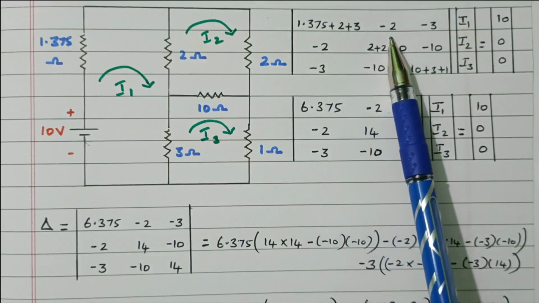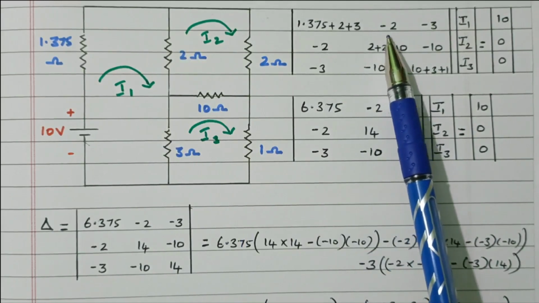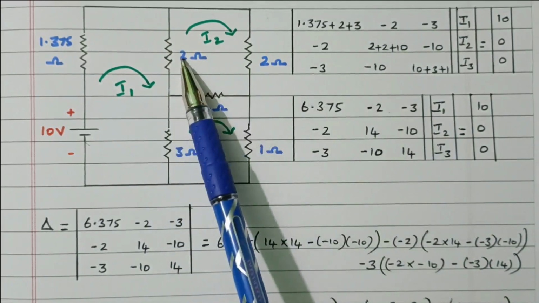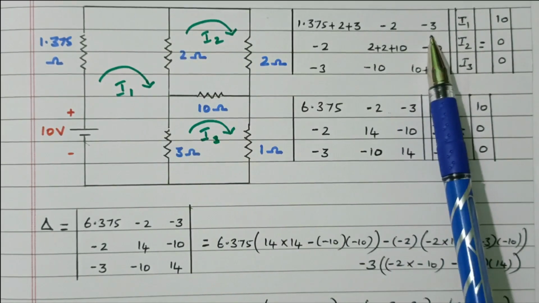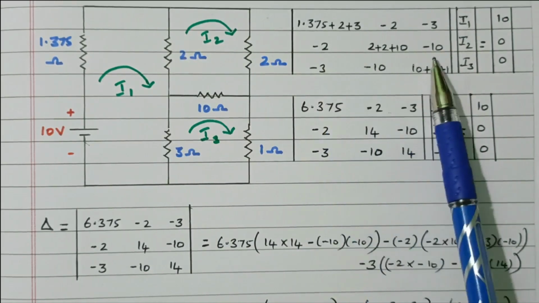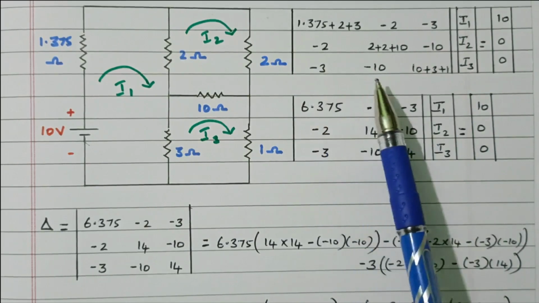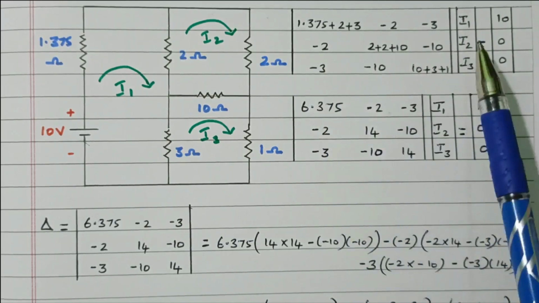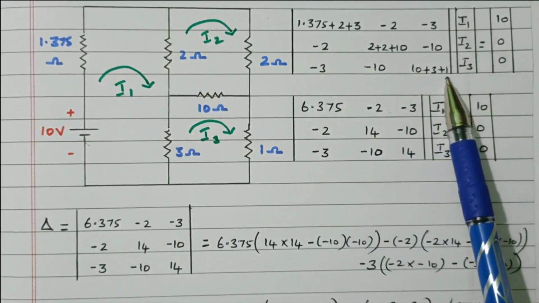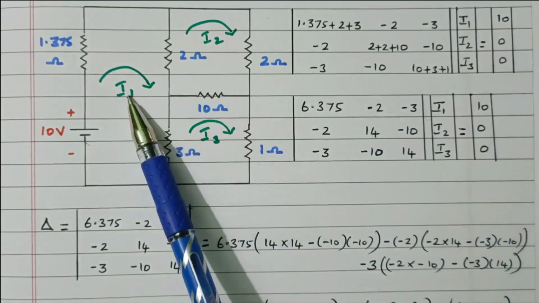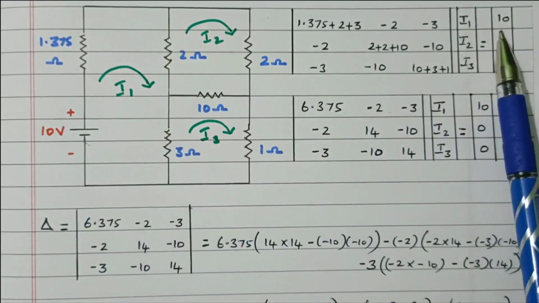This is R12, the common resistor available between loop 1 and loop 2, which is 2 ohm. Similarly, this is R13, R21, R23, R31, R32. Then the currents are I1, I2, I3. Right? In loop 1, 10 volt is available, a 10 volt source.